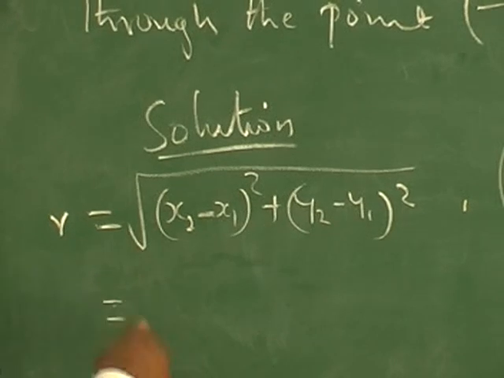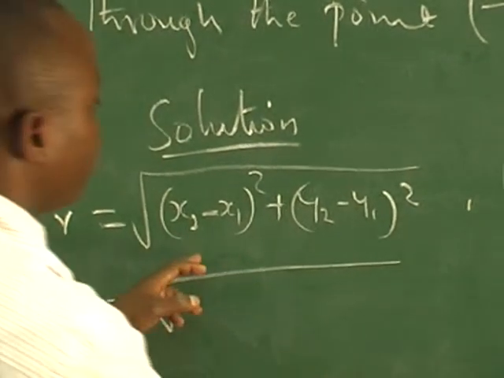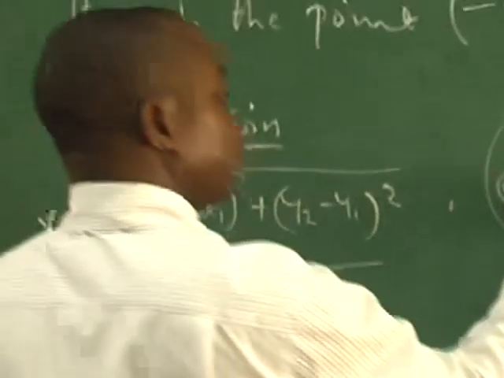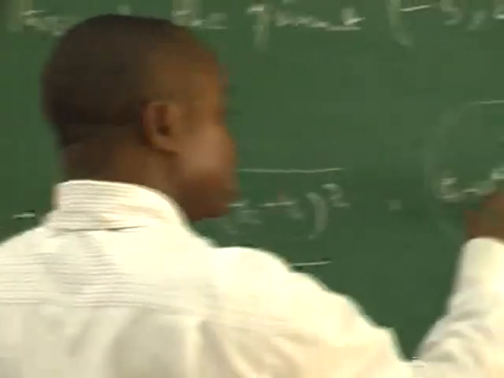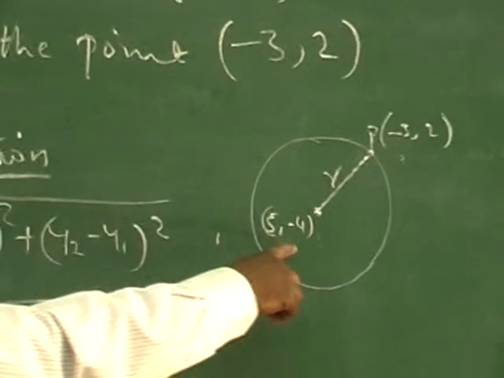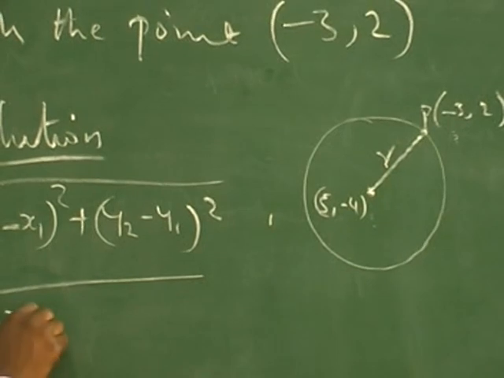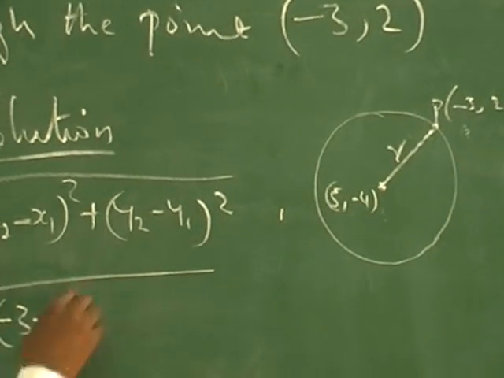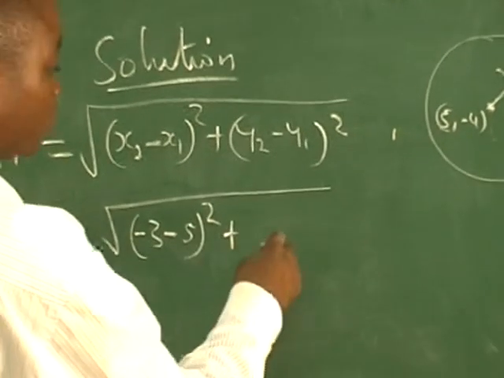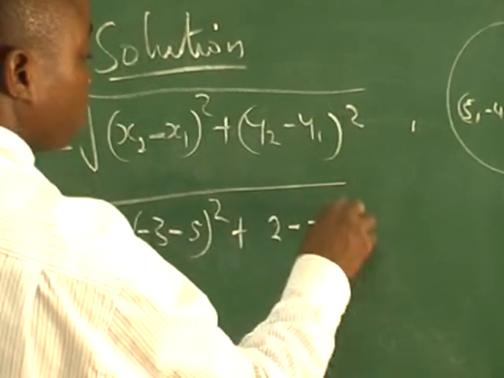So what we will do is substitute the values of x2, x1, y2, y1. Know that this particular point is point 1 and this particular point is point 2. So x2 here is minus 3. So you have minus 3 minus 5 squared plus y2, which is 2, minus 4.